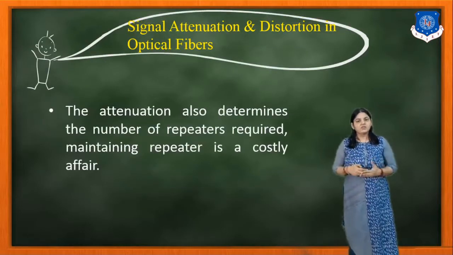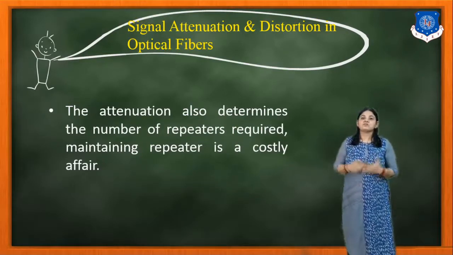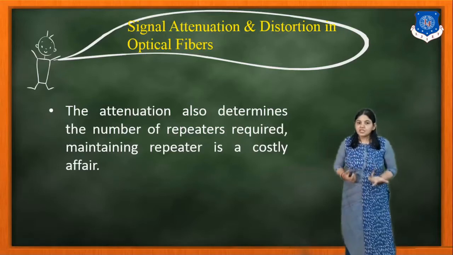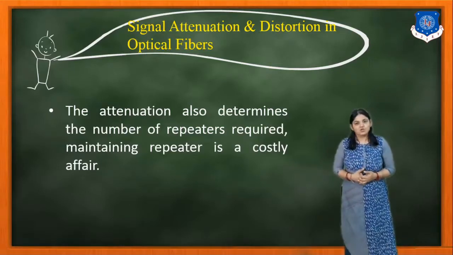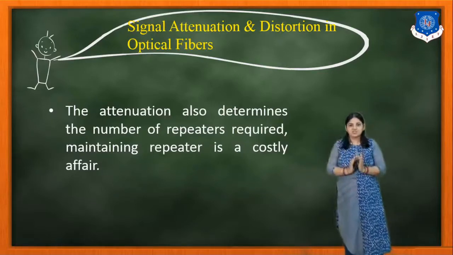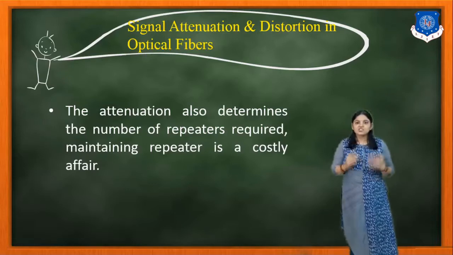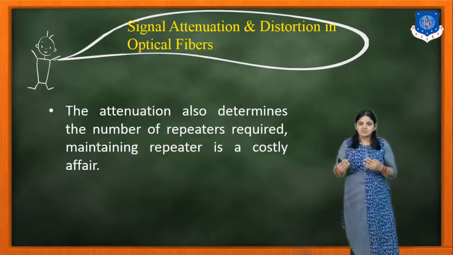Attenuation also determines the number of repeaters required. Maintaining the repeater is a costly affair. So you want to go for distortion-less transmission, and for that we need to repeat the signal.